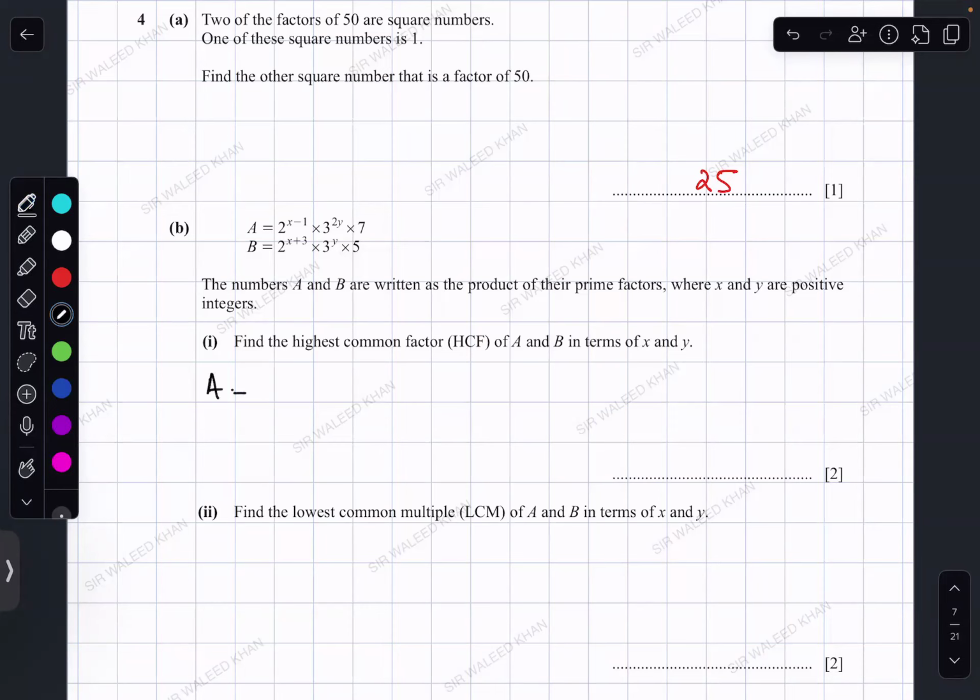सर कॉमन जो है वो लिस्ट कर दो. तो कौन से कॉमन? कॉमन कौन सा? सर 3y, 3 is to the power of y.